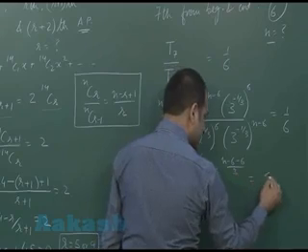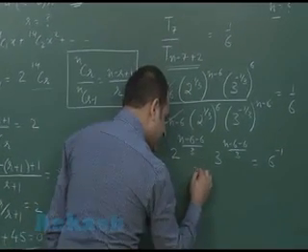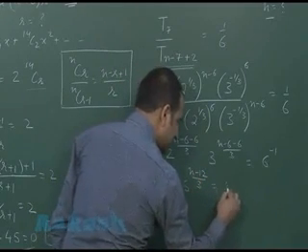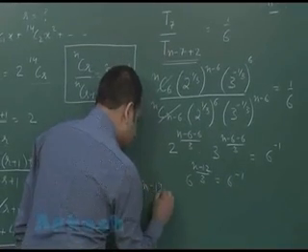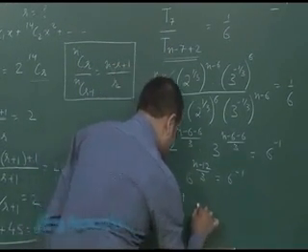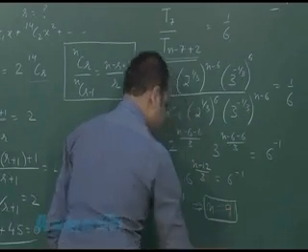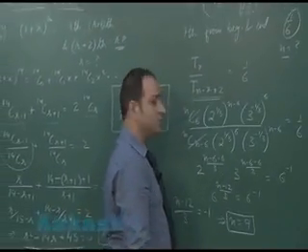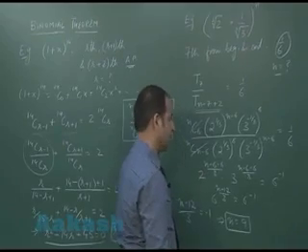This is equal to 6 raised to the power minus 1, or you can see 6 raised to the power (n minus 12) by 3 is equal to 6 raised to the power minus 1. Equating the powers, (n minus 12) upon 3 is equal to minus 1, or from here you can see n is equal to 9. So for n is equal to 9, the ratio of the 7th term from the beginning and the 7th term from the end will be equal to 1 by 6.